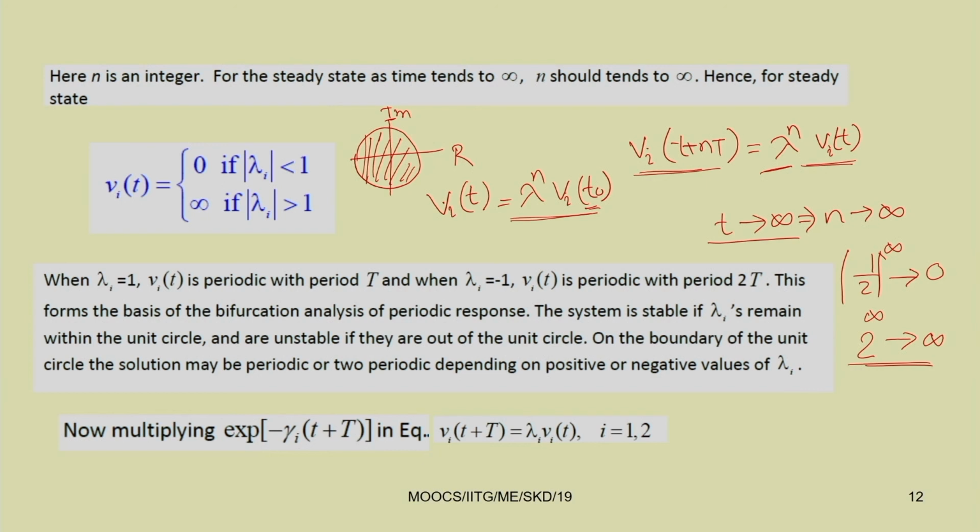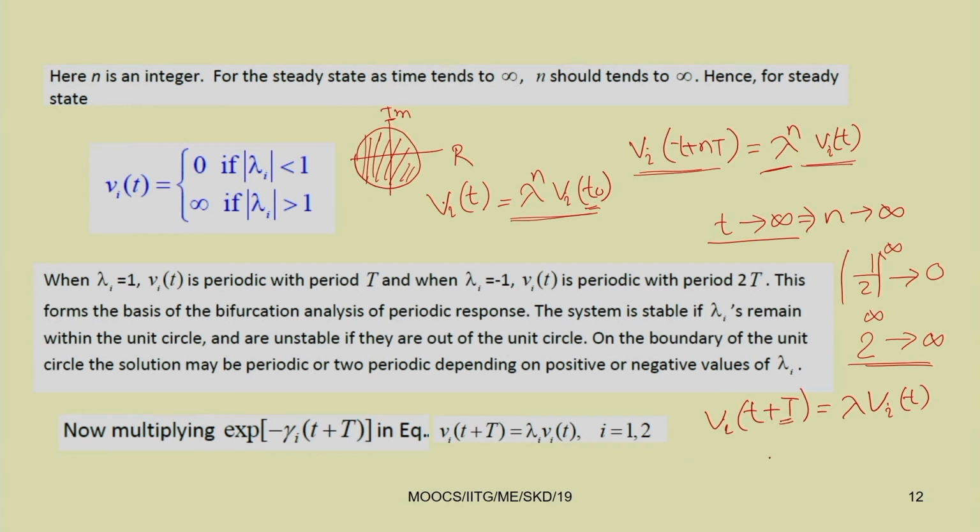Because we are writing V_i(t+T) equal to lambda V_i(t). So, if you add nT, from this you can see this. So, if lambda equals 1, for example, V_i(t+T) equals V_i(t). So, it has a period T.